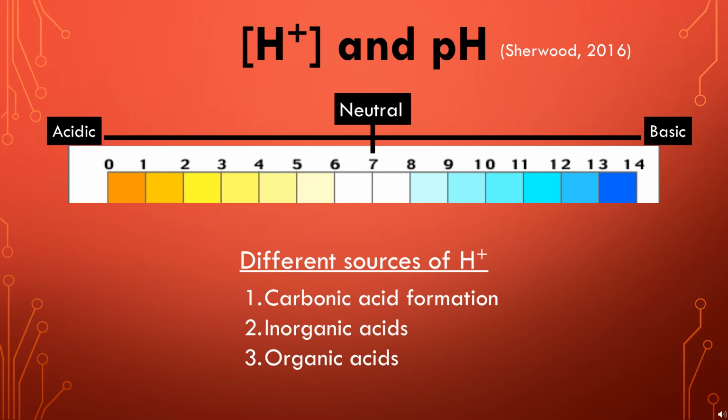Because sulfuric and phosphoric acids are strong, they both are able to largely dissociate to form free hydrogen ions into the body fluids. Aside from these inorganic acids, hydrogen ions can also be produced from organic acids as well. Like inorganic acids, organic acids partially dissociate to produce free hydrogen ions.